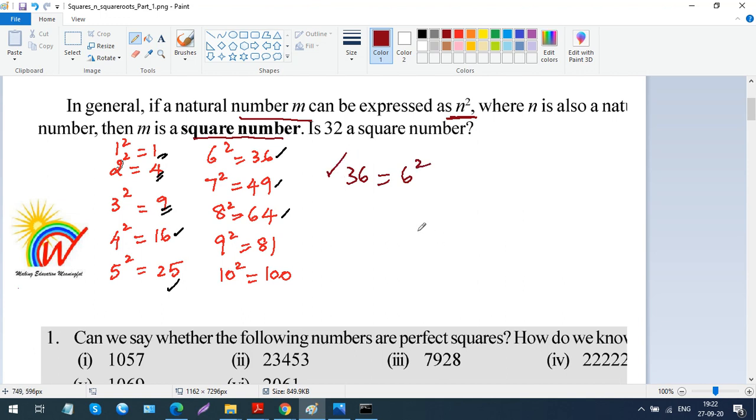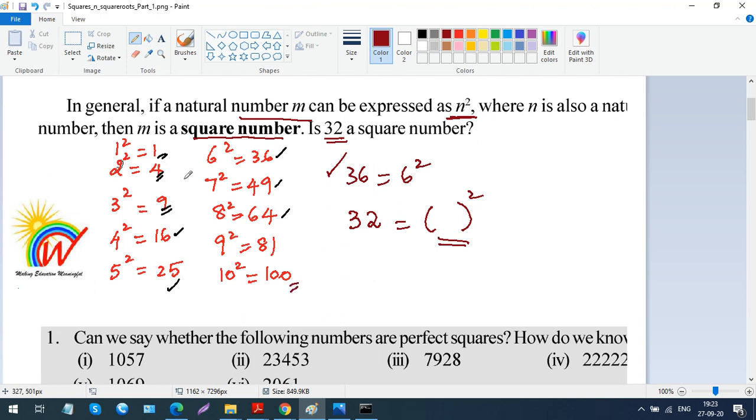Now they are asking you, is 32 a square number? No, because 32 can't be written as any number square, right? You can't say any number, when multiplied twice, gives you 32. So that's not a square number. A square number has to end with either 1, 4, 9, 6, 5 or 0. Understood?